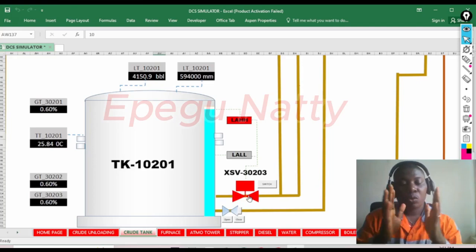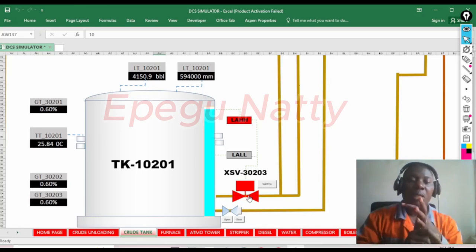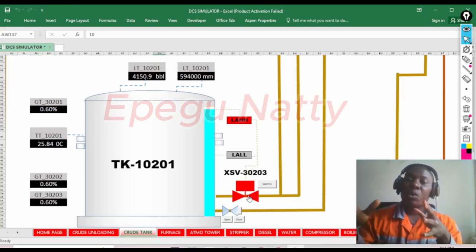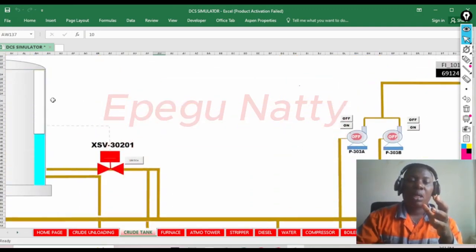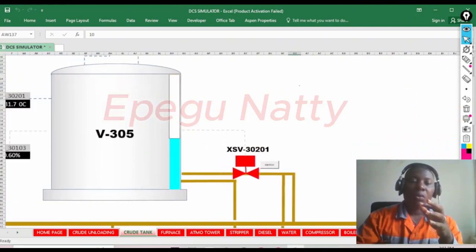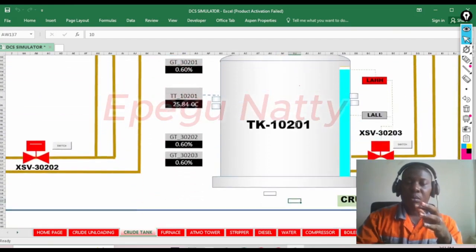All right, so the next is scenario number 3. We have a transfer going on. This time around, we are transferring from this tank to this tank here from 305. Now, what if there is a low level?